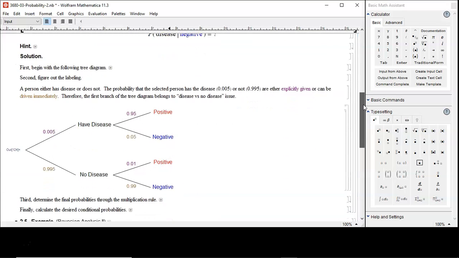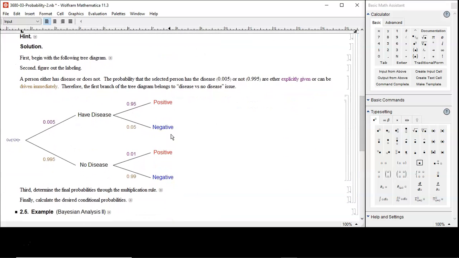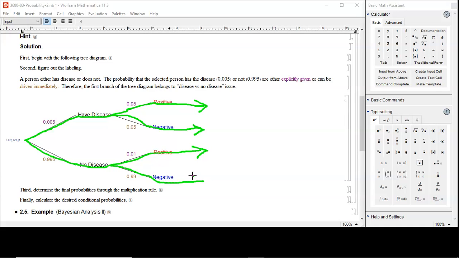You can use the multiplication principle to find out all those probabilities. So, follow the path. Have disease, positive, have disease and negative. Have no disease, you're healthy but still tested positive by false positive.